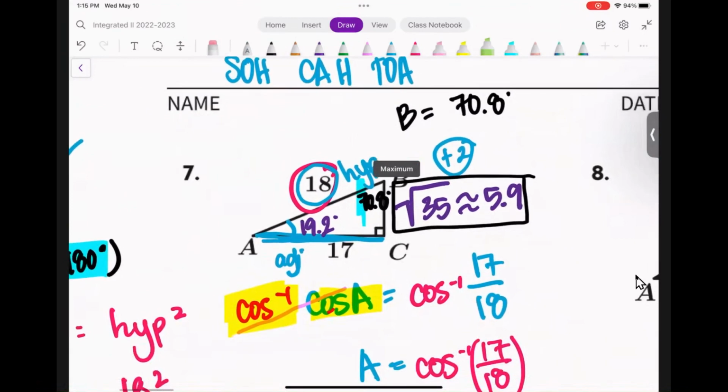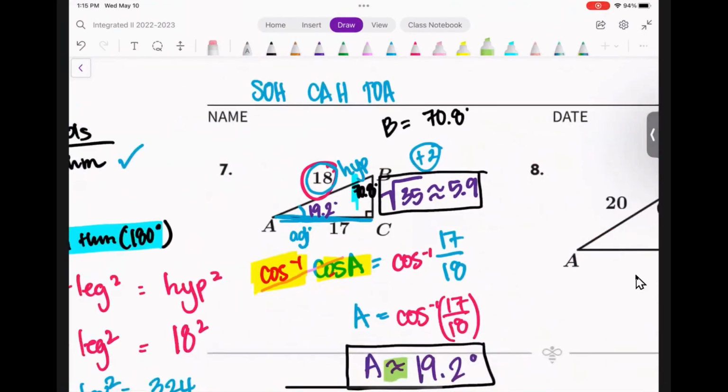Okay. So whenever you're trying to figure out which one to use, I always write SOH CAH TOA. Very good. And then I'm going to do it based on the two sides. And then someone's like, no, I know how to do that part, Miss Johnson. It was really learning that the way I get A out of cosine was cosine inverse.